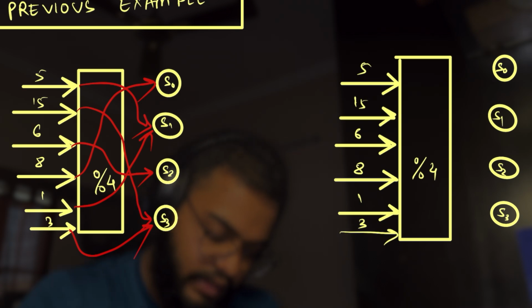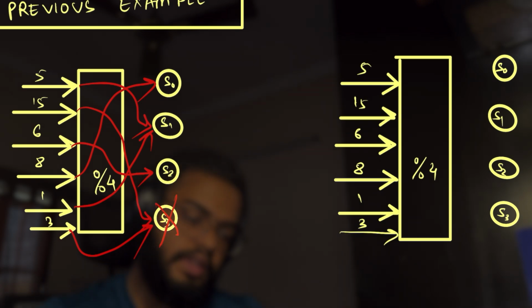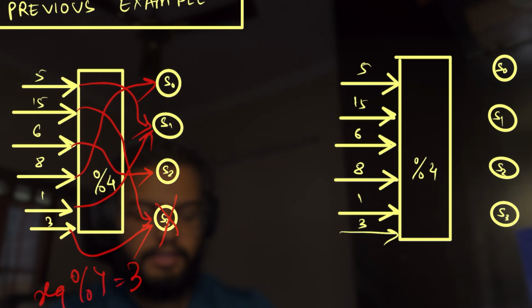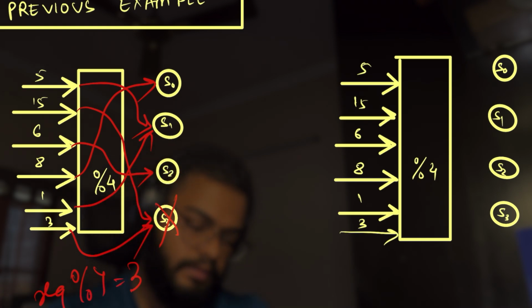Let's say server 3 crashes for some reason and is no longer present. So we just have 3 servers, but any request whose modulo 4 is 3 would fail. So every time this situation occurs, we have to change the hash function.